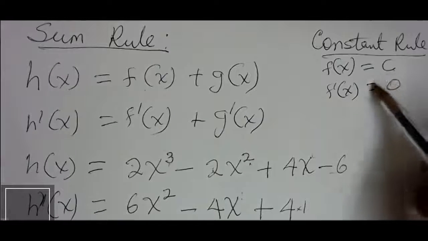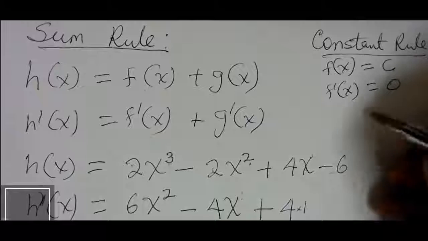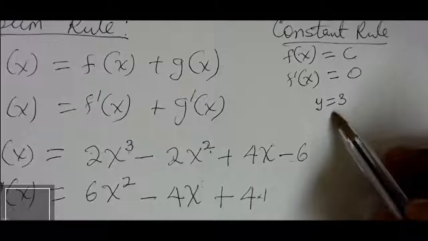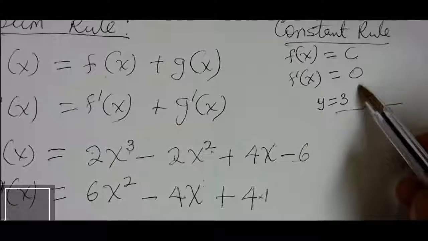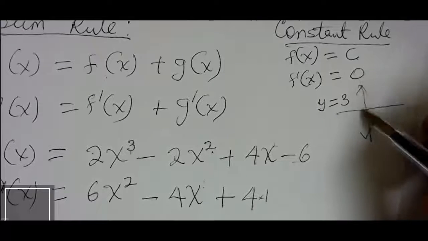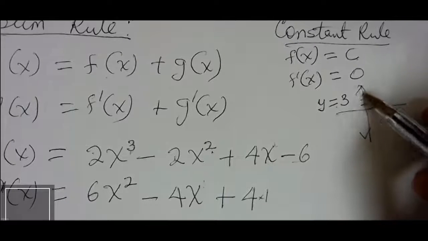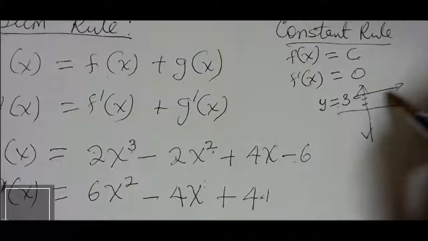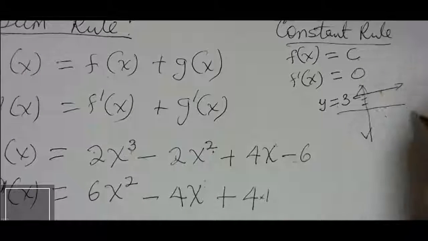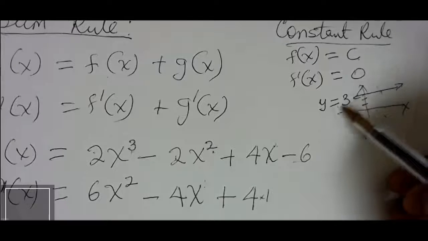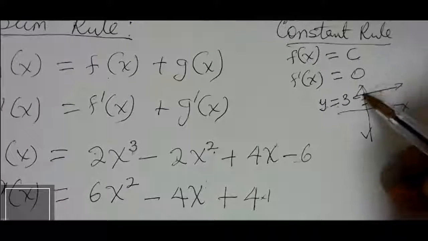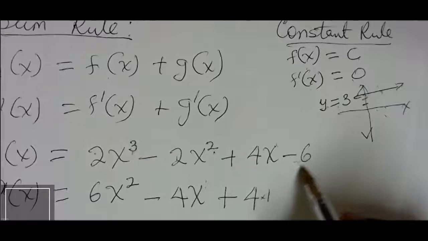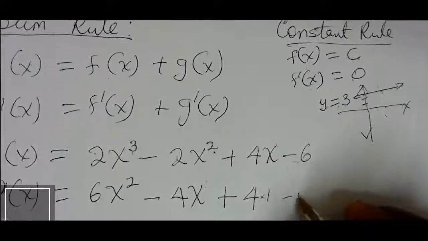The slope of any constant like y equals 3 is going to be a horizontal line that passes through where y is 3. So what's the slope of a line that is parallel to the x-axis? It is 0. So if the slope is 0, then the derivative must be 0. So the derivative of any constant is 0, and the derivative of this minus 6 is going to be 0.